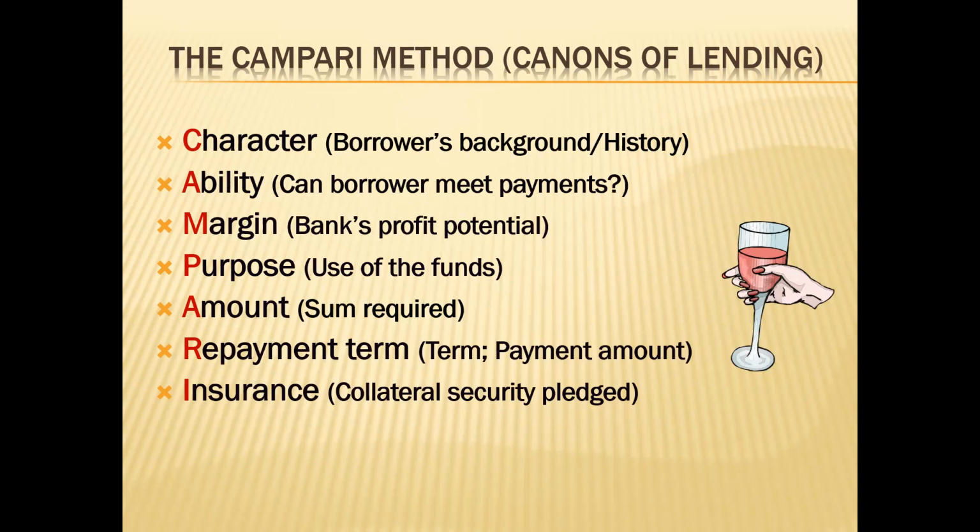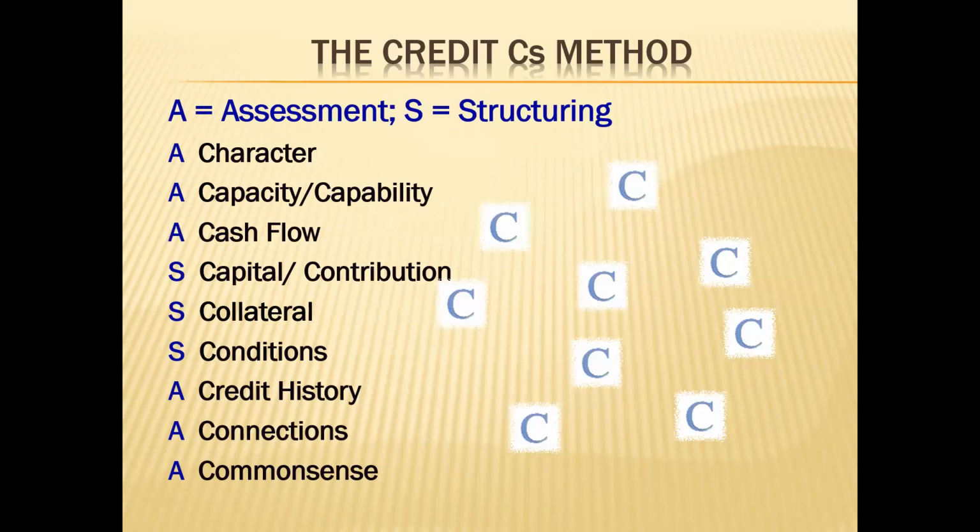Then we also looked at the credit C's method, and we briefly went through those, and we indicated which items were associated with assessing, and those associated with structuring. So the first 3 are assessment, the middle 3 are structuring, and the last 3 are assessment, when looking at an application.